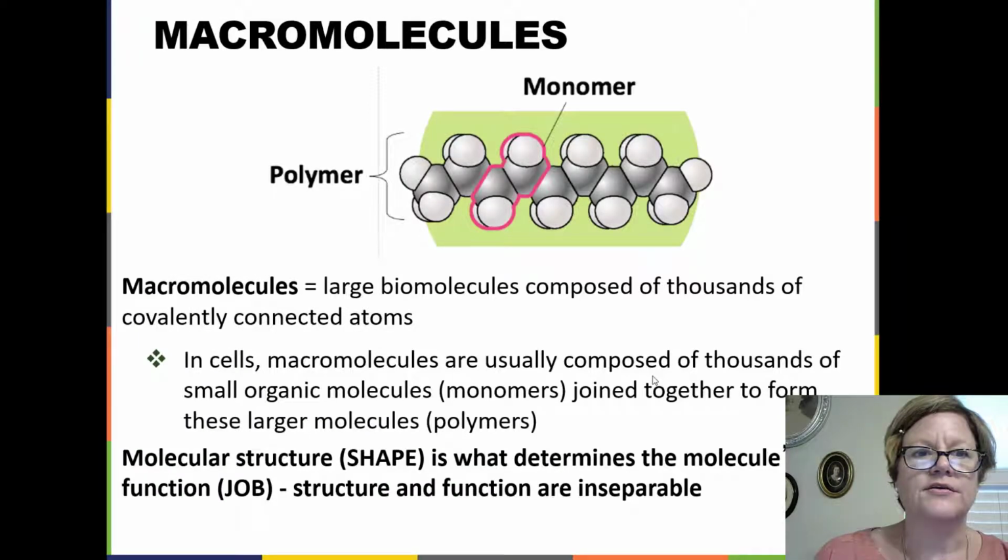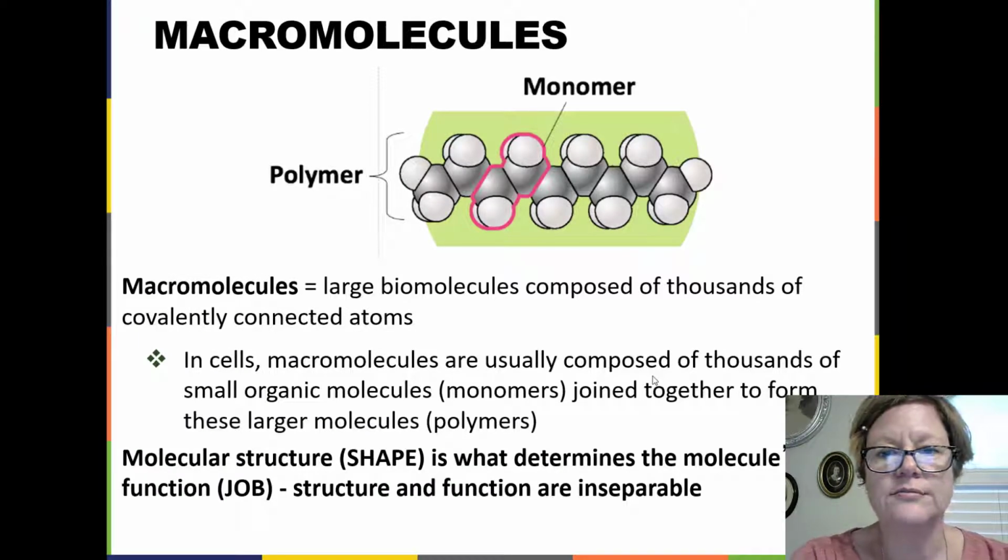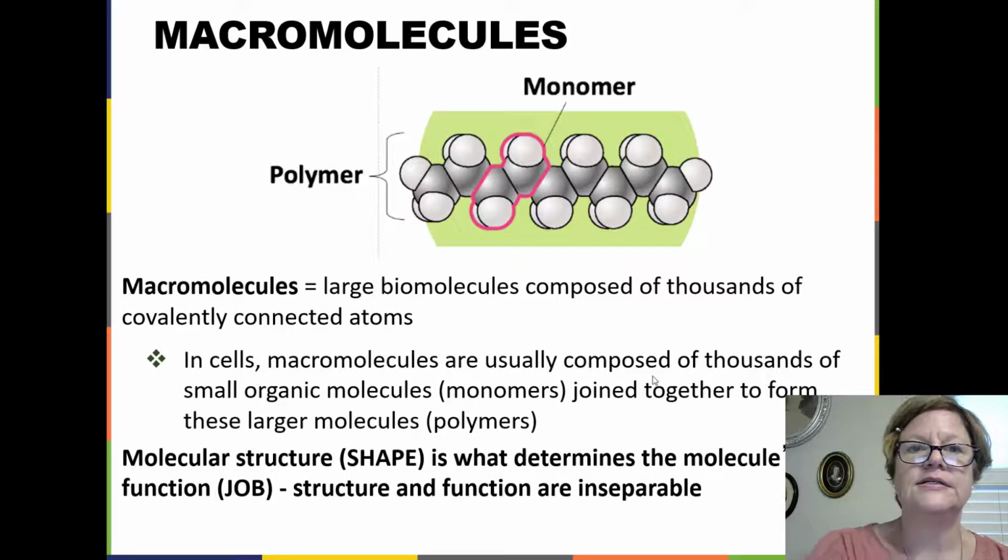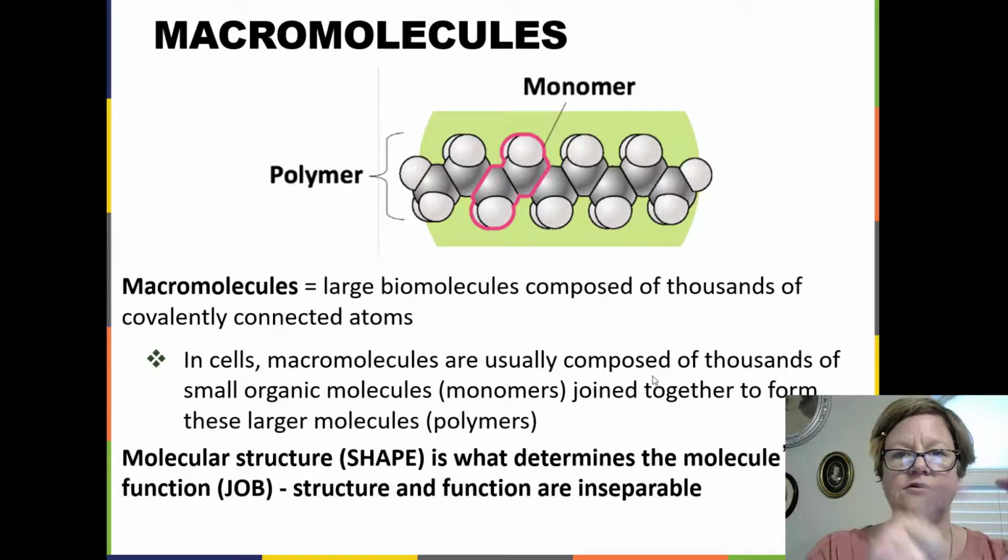So what are macromolecules? They're huge molecules composed of thousands of atoms. In cells, macromolecules are typically monomer units that are joined together one after another to make what we call a polymer.